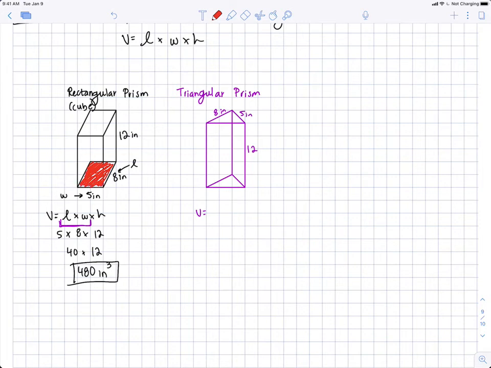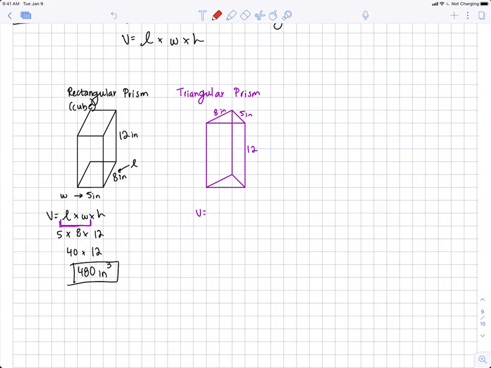And what do we call this bottom piece that just so happens to have an identical twin at the top? We found the area of the base.